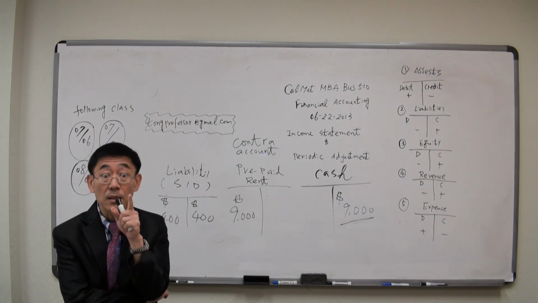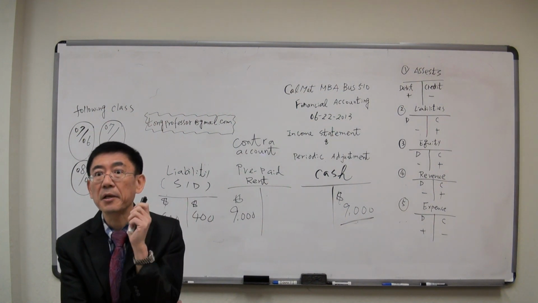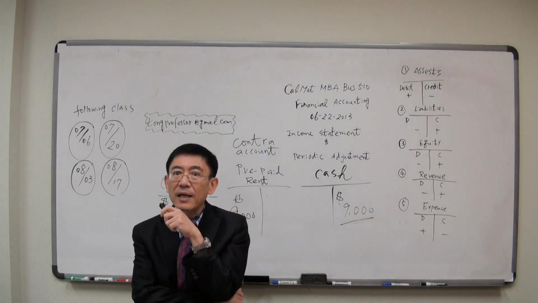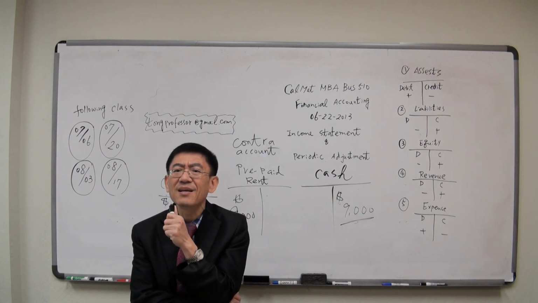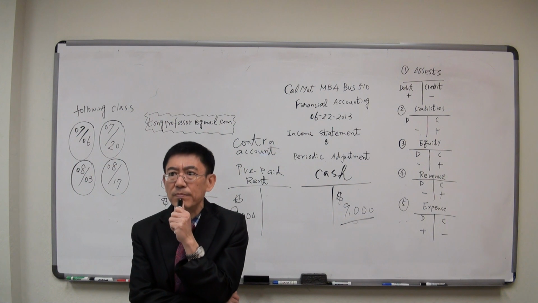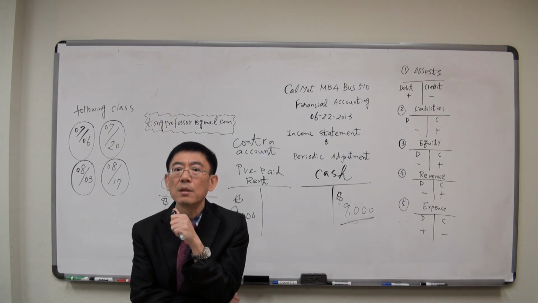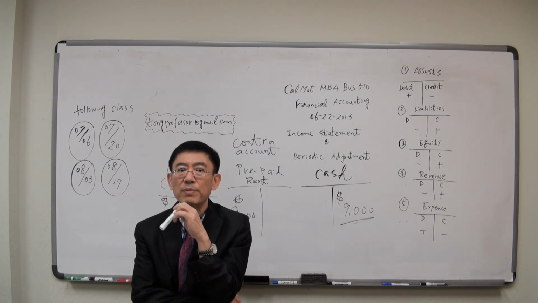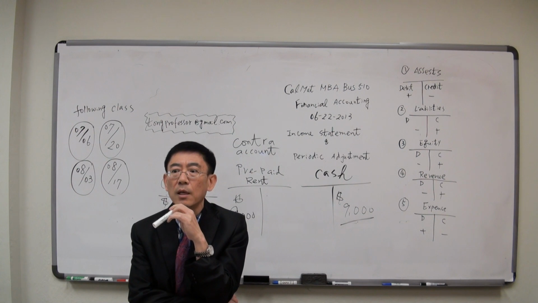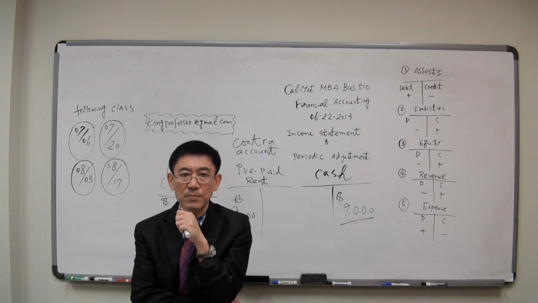Everything prepaid is assets. I know you may have trouble asking why, when I paid 9,000, it is not an expense. That's just following the accounting principle, especially since we are an accrual basis business. When you pay 9,000, it doesn't necessarily become 9,000 of expenses.